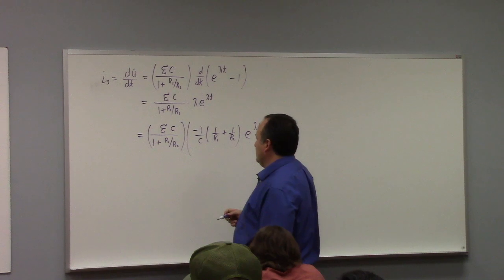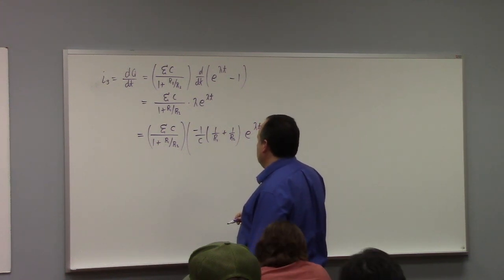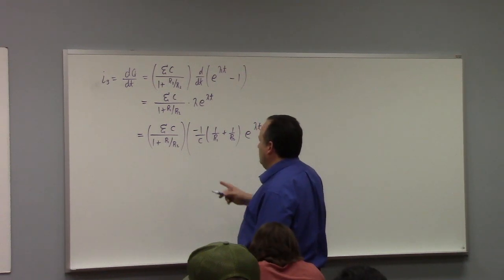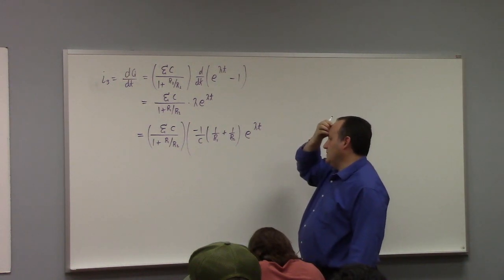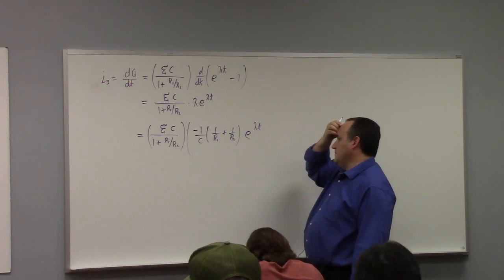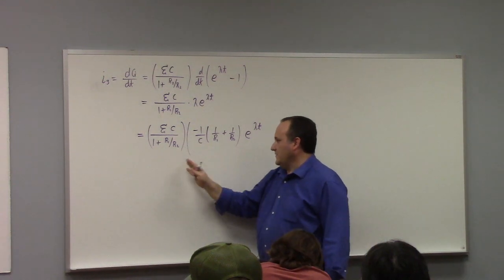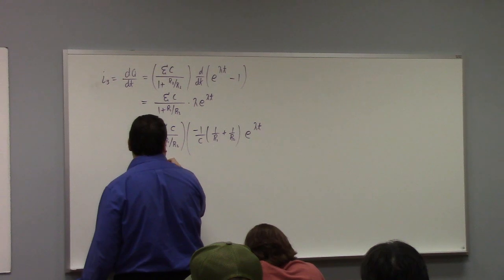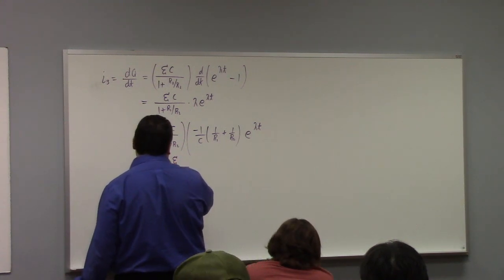So what happens here? The C's, they be canceling. And I think I should rewrite this as this, and this and this simplify, right? Let's see here.